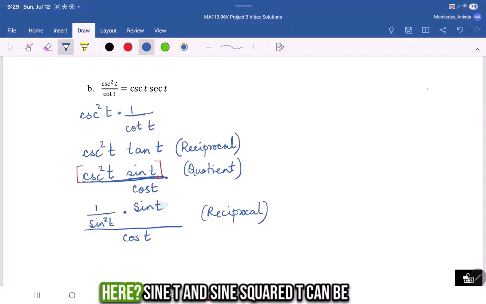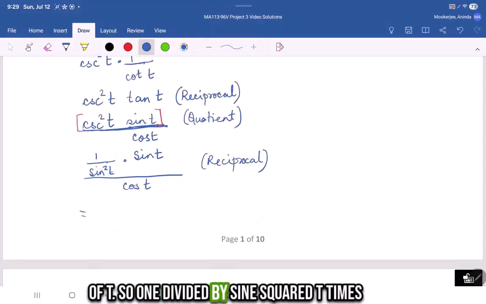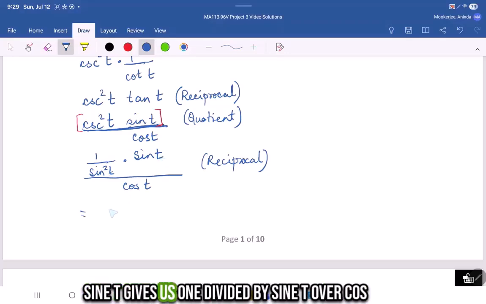And what happens here? Sine t and sine squared t can be simplified and written as 1 divided by sine of t. So 1 divided by sine squared t times sine t gives us 1 divided by sine t over cos t.